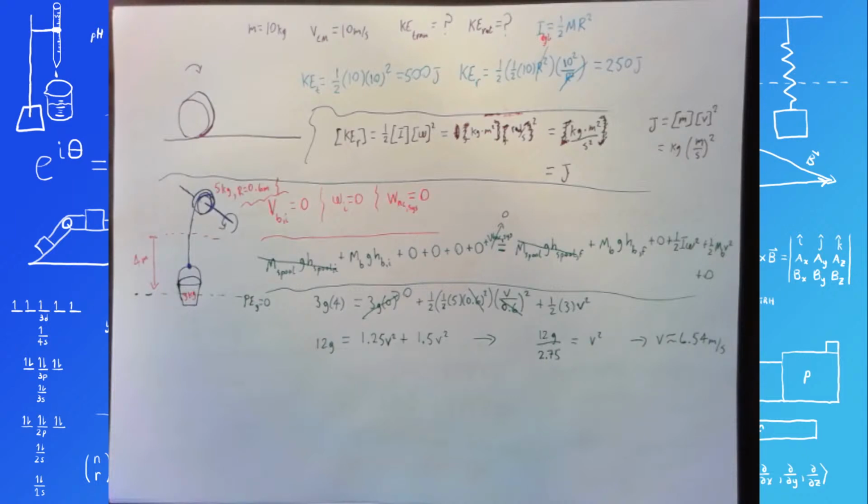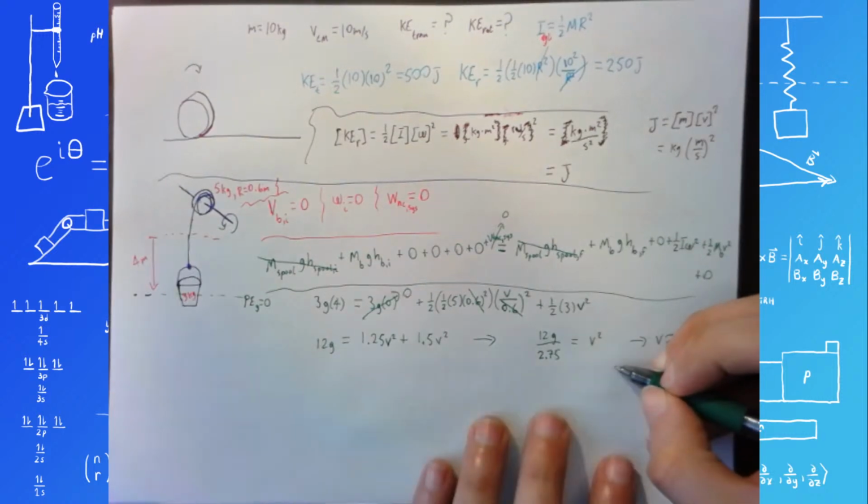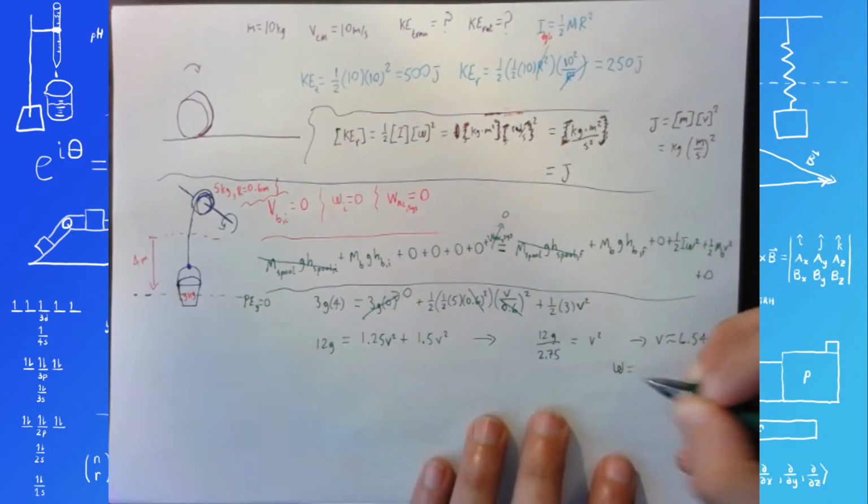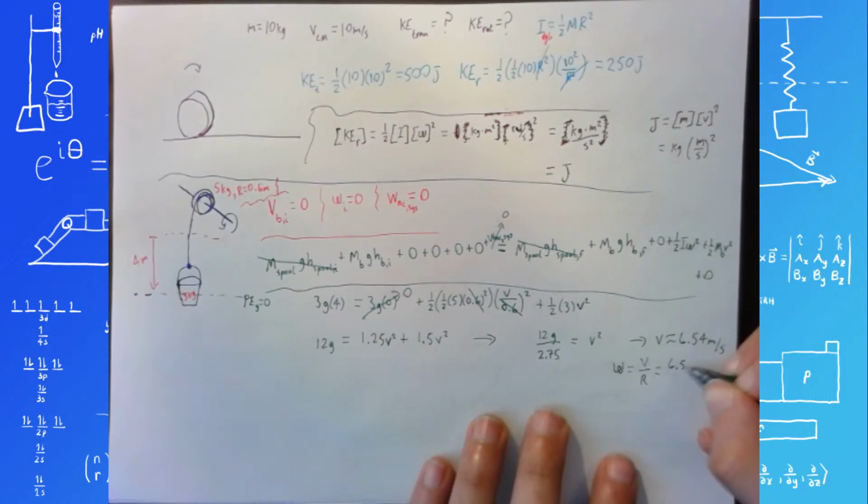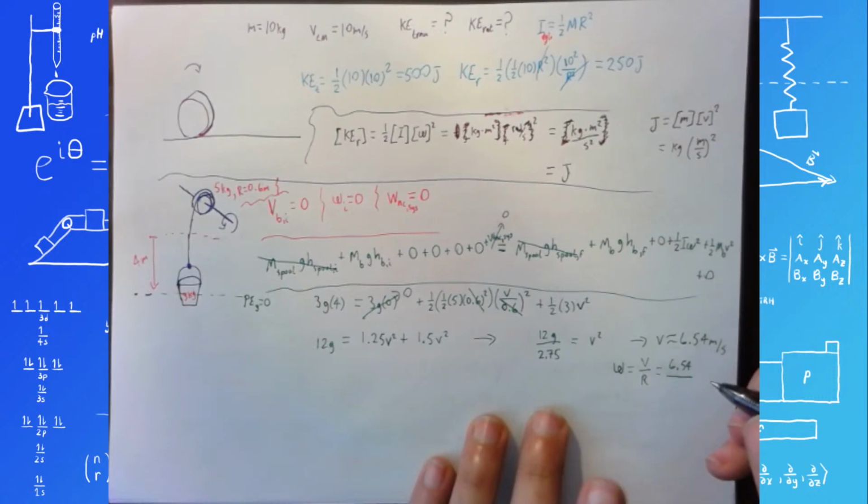Use conservation of energy to determine the angular speed of the spool. Okay, now we need the radius of the spool. That's why they included it. So omega of the spool is going to be v over r, is going to be 6.54 over 0.6.